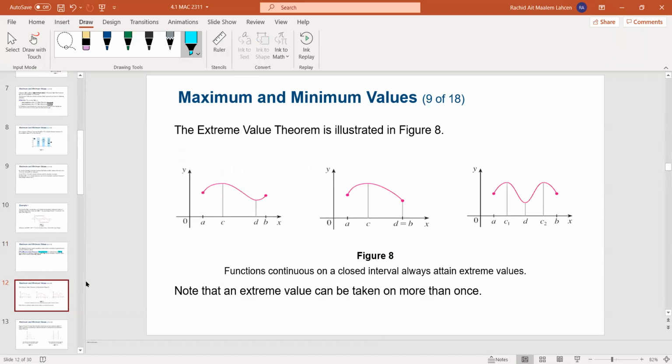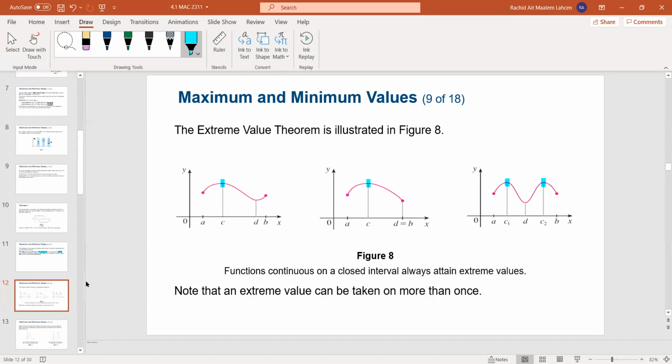And here the extreme value theorem is illustrated in these figures. You have a c1 and a c2 here, and these are functions continuous on, of course, closed intervals [a, b], and they attain some extreme values.